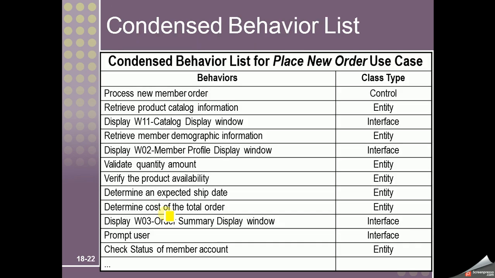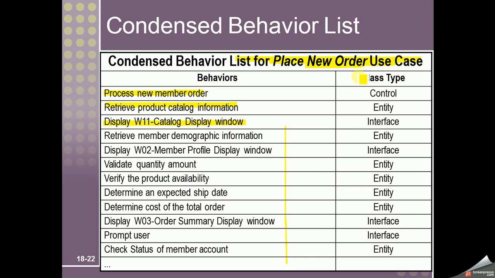We'll see shortly. Like here, we have all these behaviors, a condensed behavior list for the place new order use case. It is not a complete behavior list, it is a condensed list. The behaviors are process new member order, retrieve product catalog information, display at W11 catalog window display, and so on and so forth.